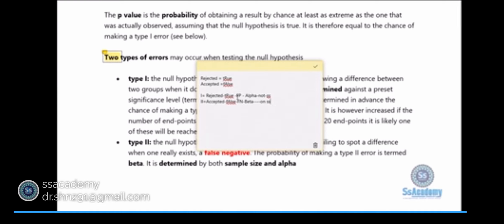I'm just cutting it down from here so that you can remember all of them together, and that will be helpful. Once again, the separate box. Type 1 is the false positive, type 2 false negative, type 1 alpha, type 2 beta, not sample size, dependent on sample size. Type 1: rejected, true. In contrast, type 2: accepted, false.